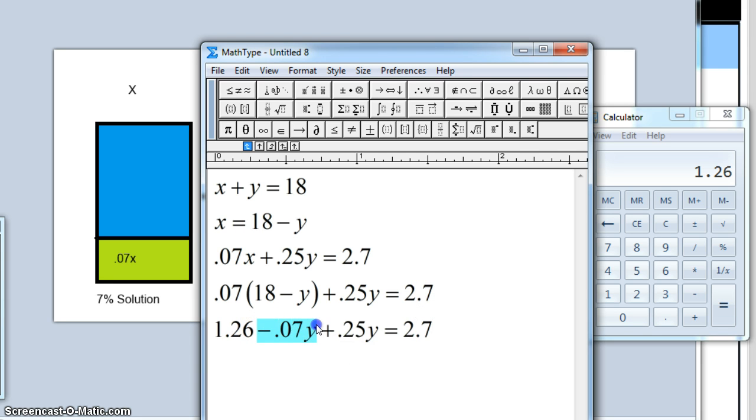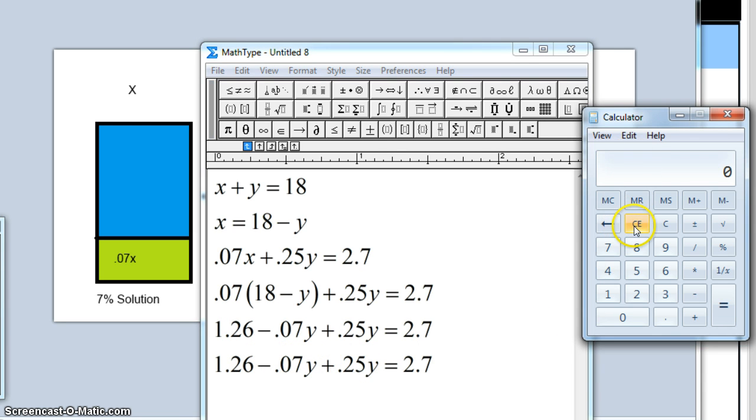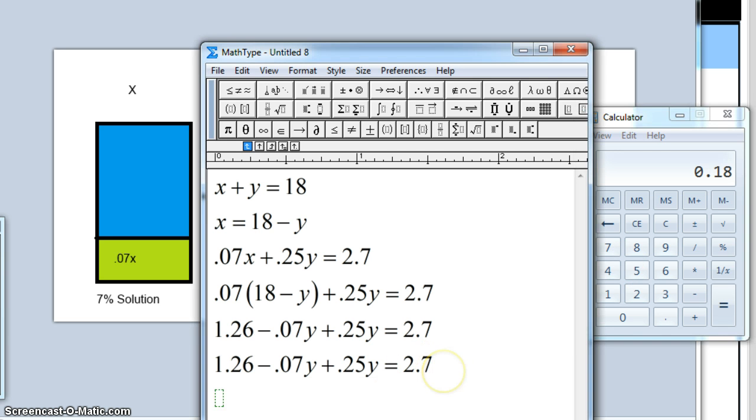We have this minus 0.07y plus 0.25y. So let's just copy this. Combining these, we get, again, don't mess this up. I'm doing it all in my head, but just for ease, 0.25 minus 0.07 equals 0.18. If you can do that in your head, great.